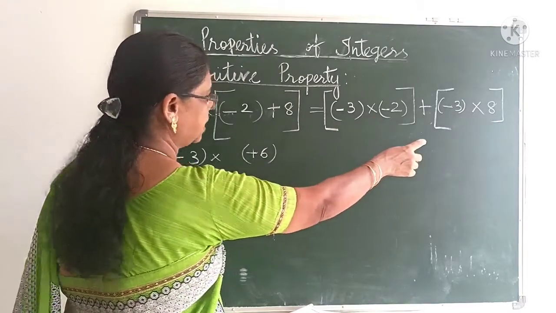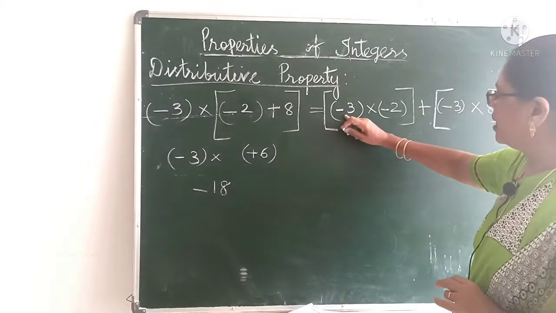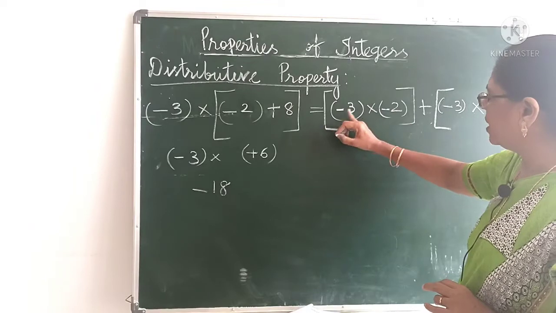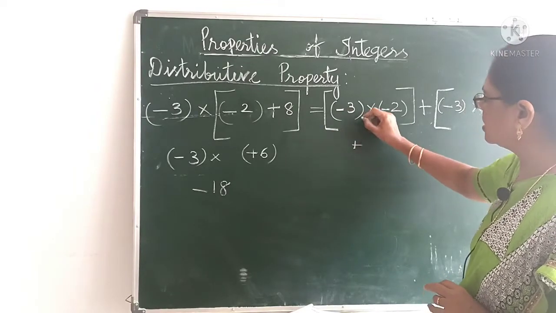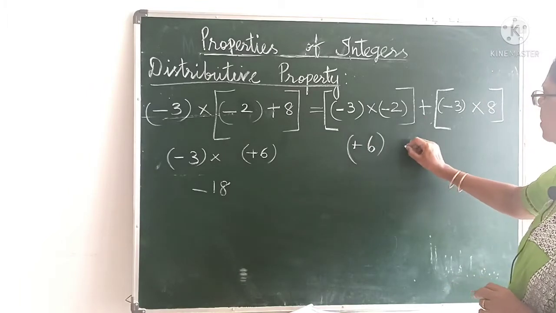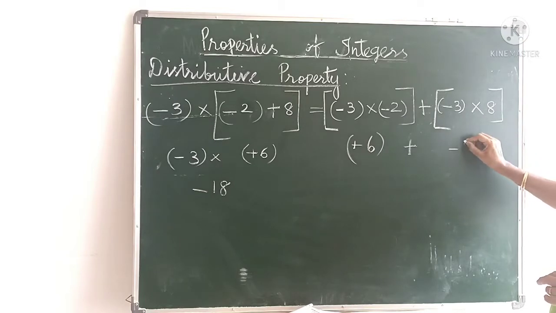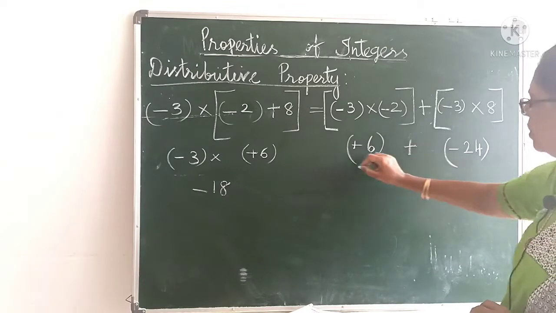Now let us find out the answer for the other side. Minus 3 into minus 2. Minus into minus is plus, 3 into 2 is 6. Minus into plus is minus, 3 into 8 is 24. Now let us add these two numbers.